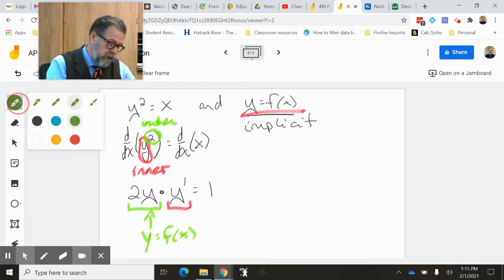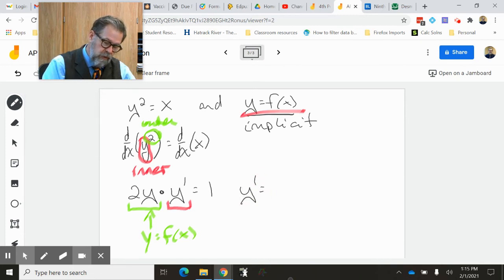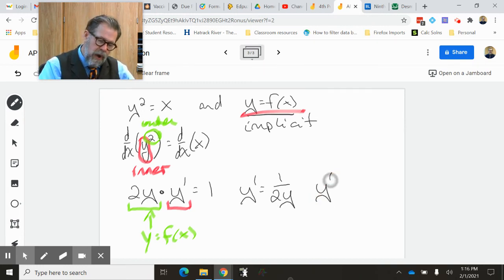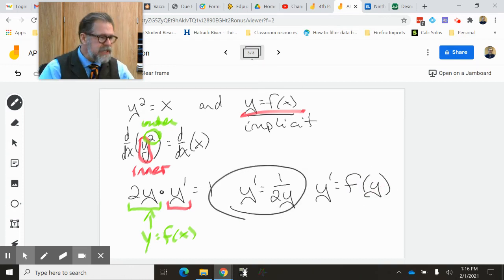Going a little bit further, however, with this problem, what we then see is that the derivative of y is equal to 1 over 2y. The derivative of y is a function of y. And that's okay, because when we're looking at these implicit derivatives, these implicit differentiation, often the equation comes from a result of a problem.